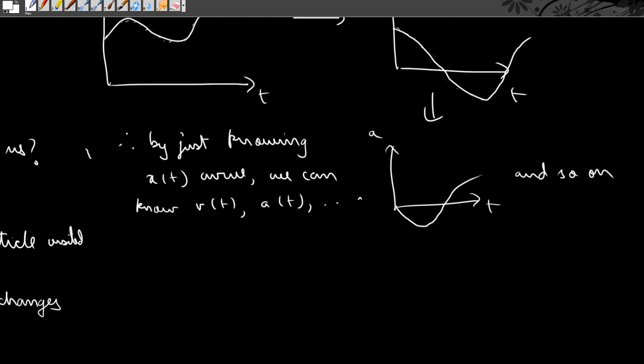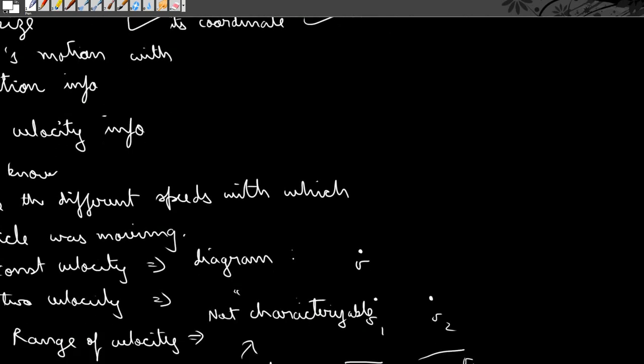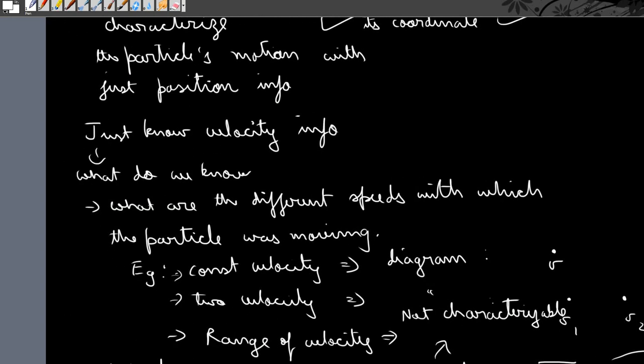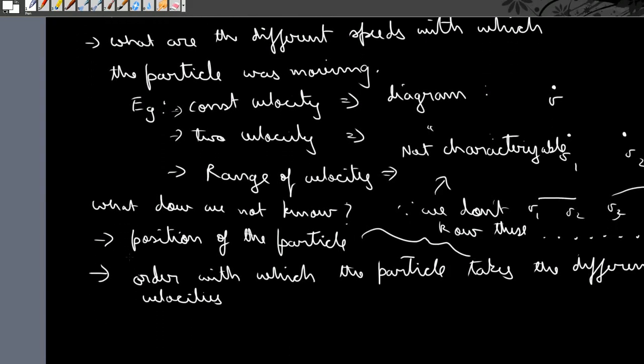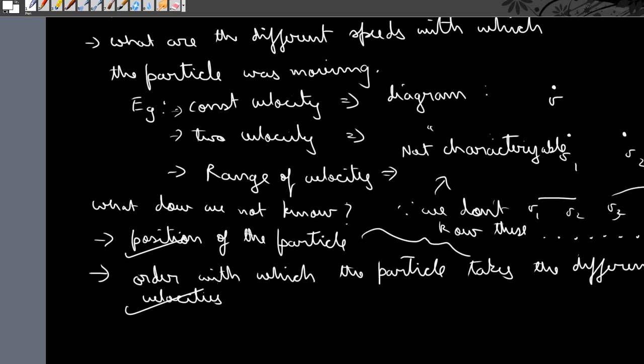So now we know exactly the order in which the particle visits the different coordinates and how quickly the particle changes its coordinates. We also know the position of the particle at every instant, and also the order with which the particle takes the different velocities, which is nothing but the vt curve.